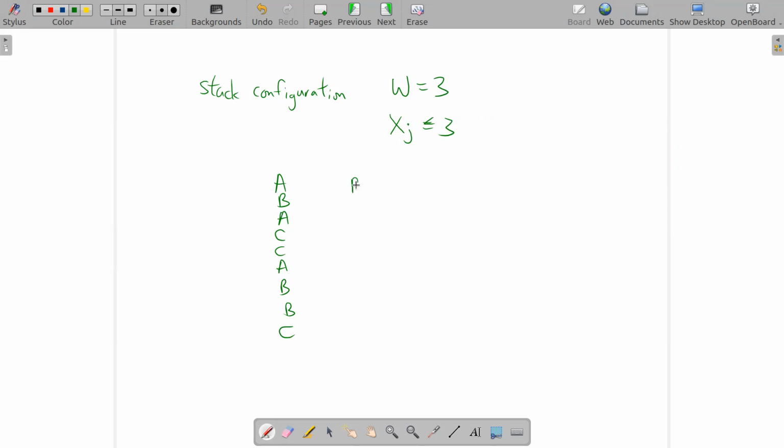And every time I switch something, that's a different configuration. Like this, right? And basically what I'm looking at is a permutation of at most 9 objects, but with repetitions.